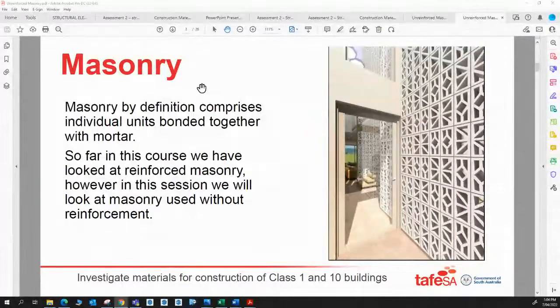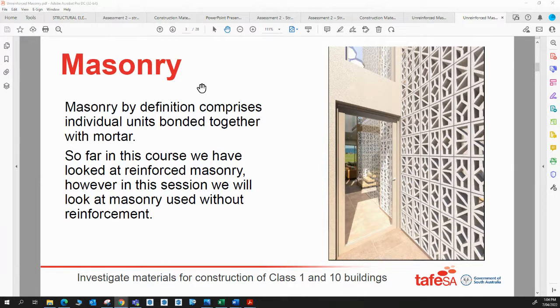So we're going to be having a look at masonry again. You guys are possibly a little bit sick of masonry thus far, because we've covered it in terms of reinforced masonry early on, and then within construction methods as well, looking at some of the reinforced masonry in that, the details around cavity masonry. But now we're having a look at it used in an unreinforced sense.